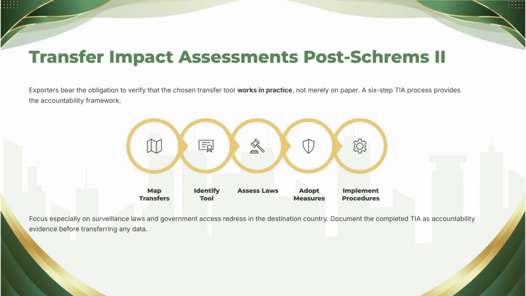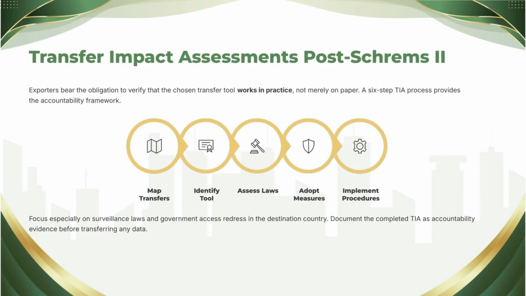Step 3. The heart. Assess whether the destination's law or practice impinges on your safeguard's effectiveness. Focus especially on surveillance and government access rules, measured against the European essential guarantees we'll detail shortly. Step 4. If the assessment reveals problems, adopt supplementary measures that restore essential equivalence.